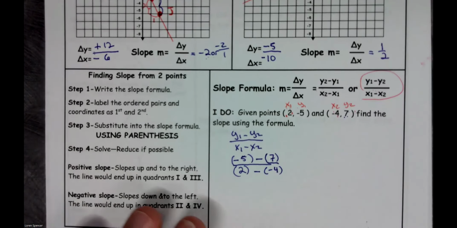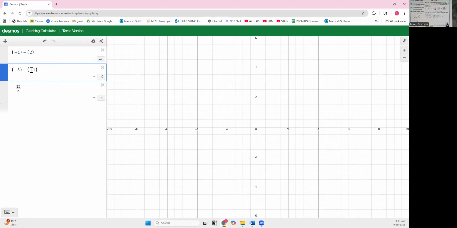Don't forget we have a minus sign, and then we have a -1. And that ends up giving me a -2. So now we have -2 over -6, and we're going to put it into Desmos.